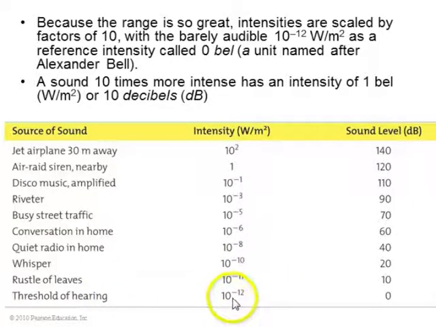We define the threshold of hearing, 10 to the minus 12 watts per meter squared, to be 0 decibels. 10 decibels is 10 times more sound intensity than the threshold of hearing. 20 decibels is 100 times the sound intensity. 30 decibels would be 1,000 times, all the way up to the threshold of pain. It's 120, so it's actually 1 trillion times more intense.